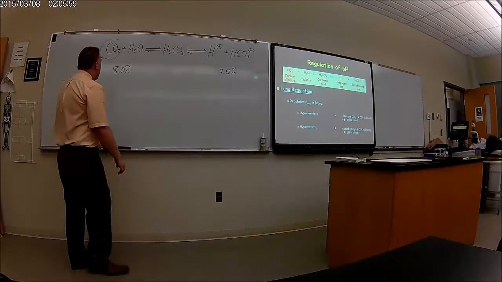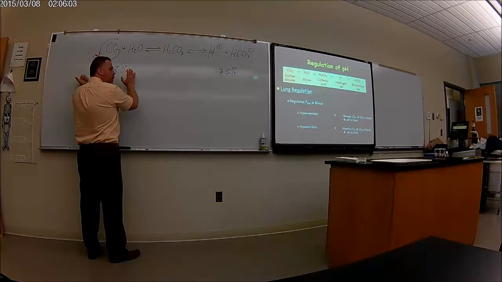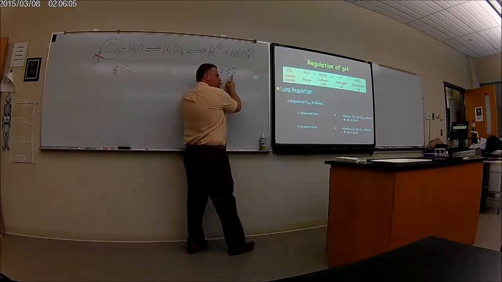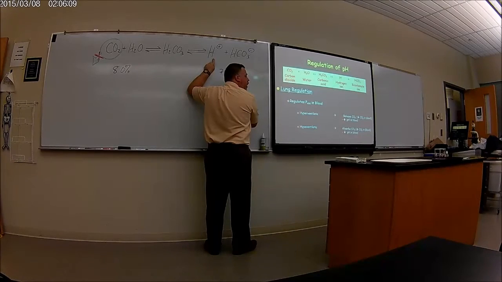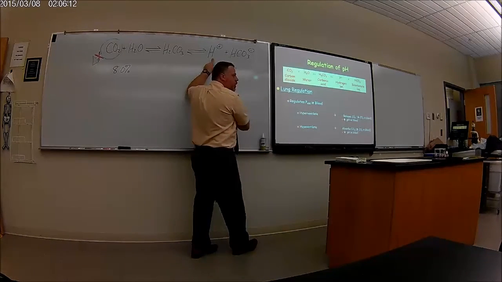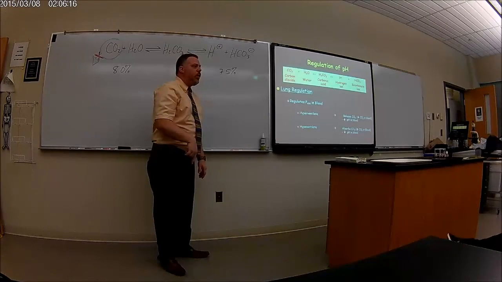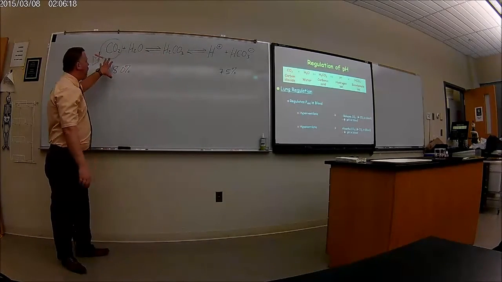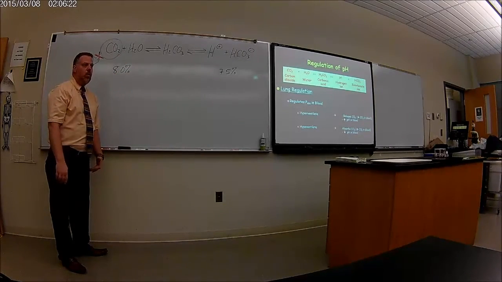Look at it. If the CO2 increases, and you can't blow it off, it's going to go this way. What happens to the amount of hydrogens in your body? Increase. If the hydrogens go up, what happens to your pH? It goes down. So when a person has a lot of CO2, their pH goes down.